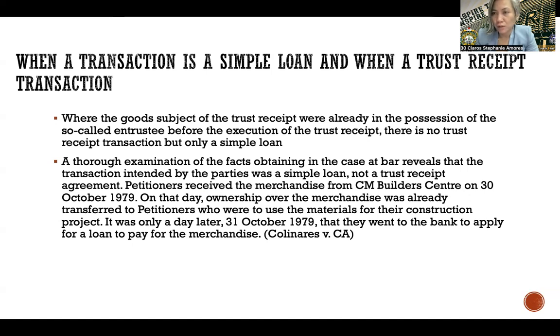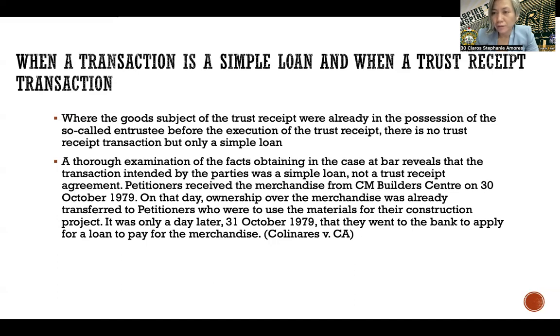So this principle is illustrated in the case of Colmenares versus Court of Appeals. In this case, the so-called entrustee actually had in possession already the goods, which were construction materials.